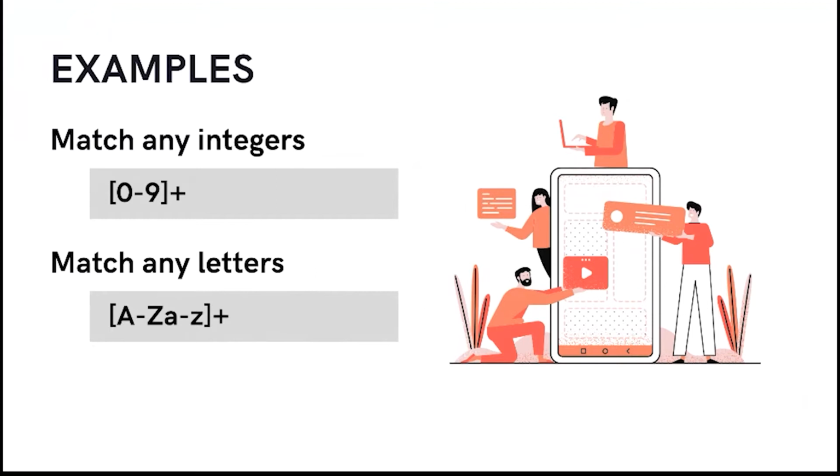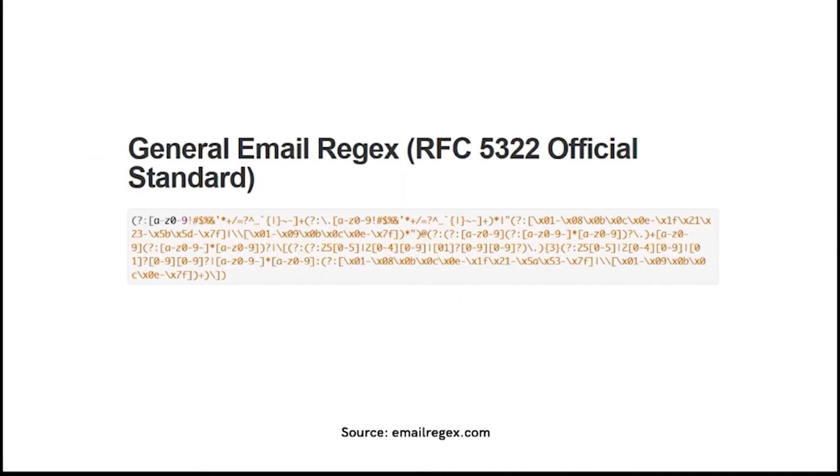And the plus just means that if it occurs one or more times, then that would match that regular expression. So that is matching for any numbers, for any digits. And then the second one is in the same manner, but for letters. So any capital letters and any small letters matching once or more.